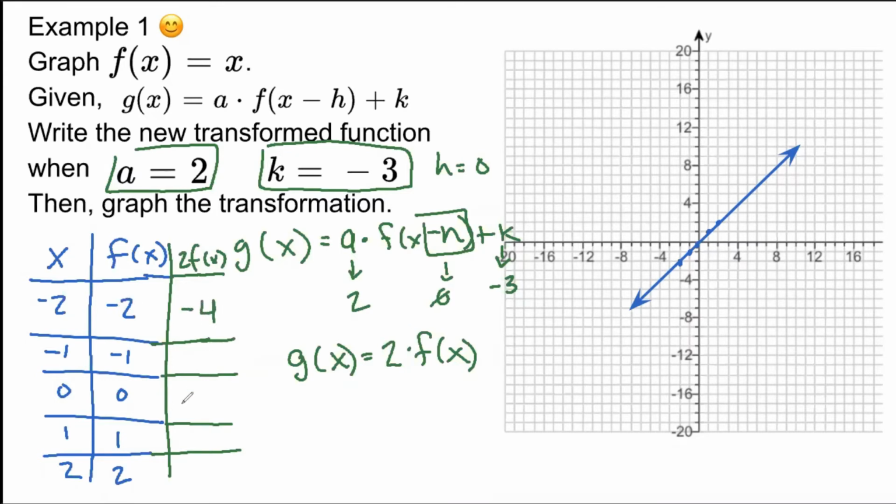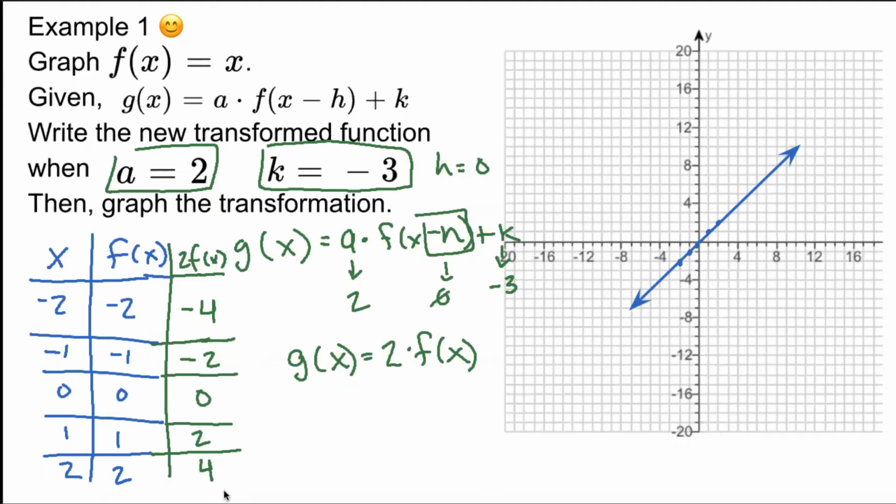Thank you, guys. -4. Next value, 2 times -1. -2. 2 times 0. 0. The next ones, who can give me the last two? There you go. Thank you. It would be 2 and +4.